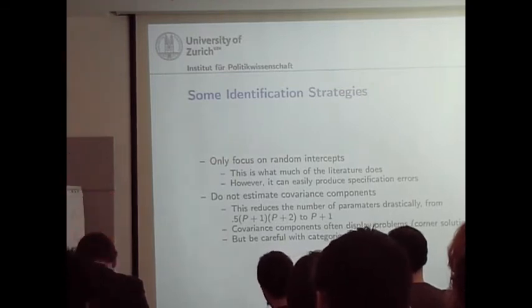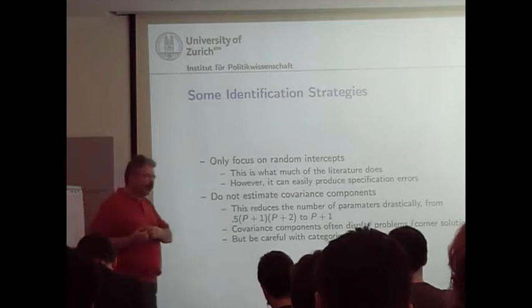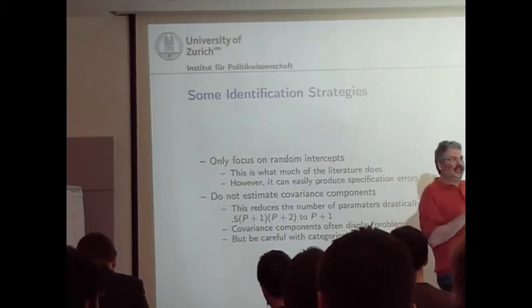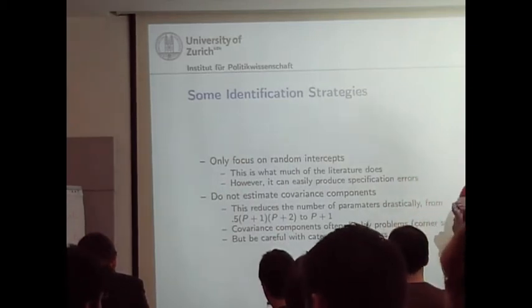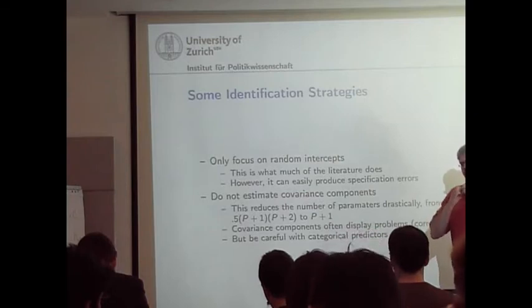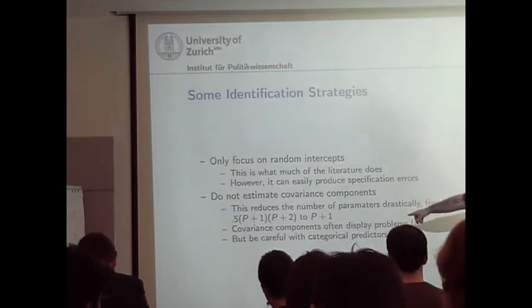I think you should not specify it that way. I think you should allow there to be a relationship between the variation in the effect of Democrat and the variation in the effect of Republican. So that's one place where I would say don't opt for this second identification strategy.